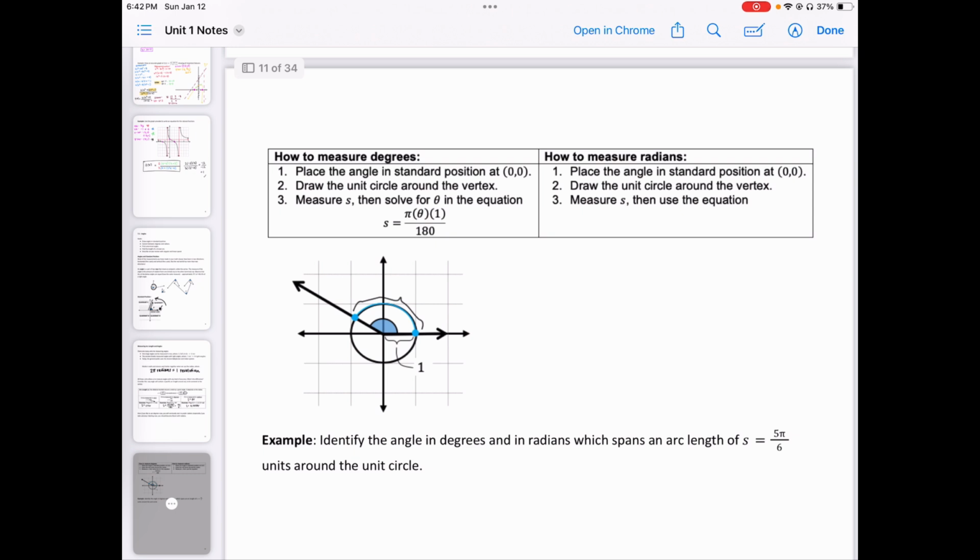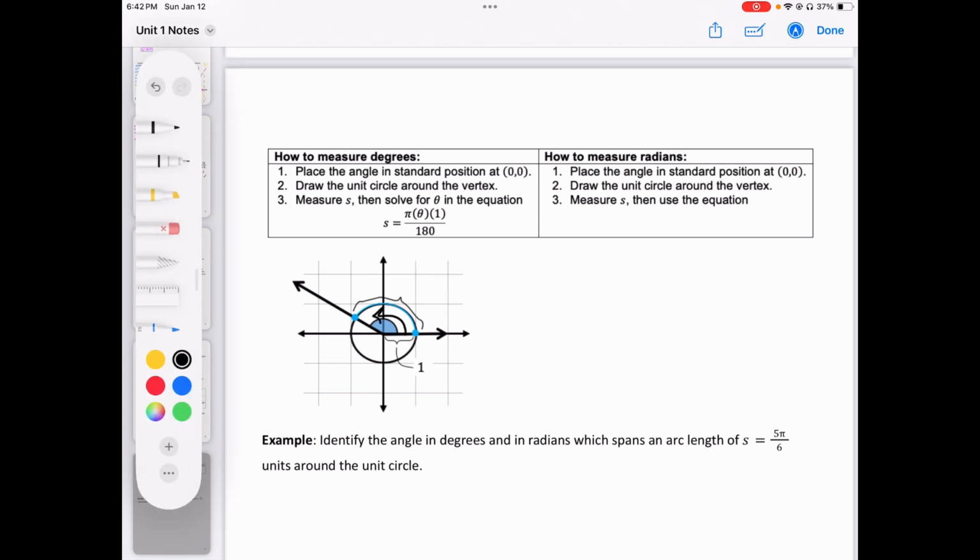There are two ways to measure things. We can measure degrees, we can measure radians, like I've mentioned before. You can do either. We're going to practice using both. You're going to put the angle in standard position at 0, 0, and then start moving it in the counterclockwise direction.